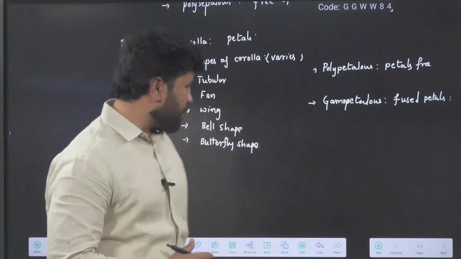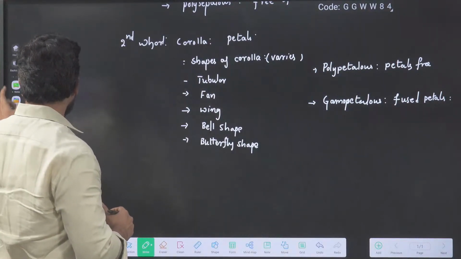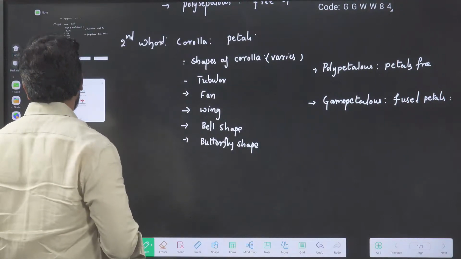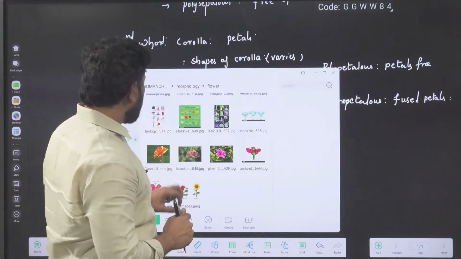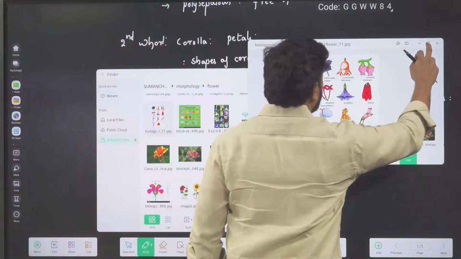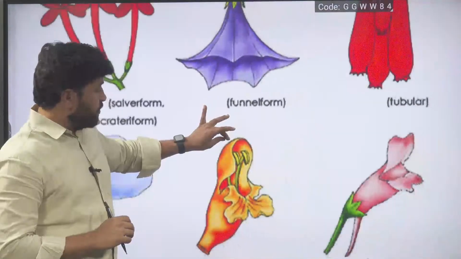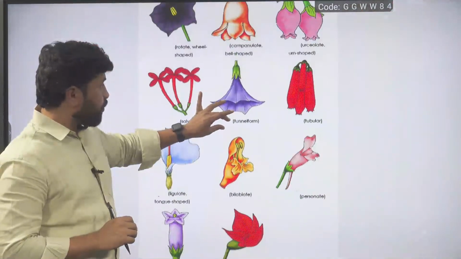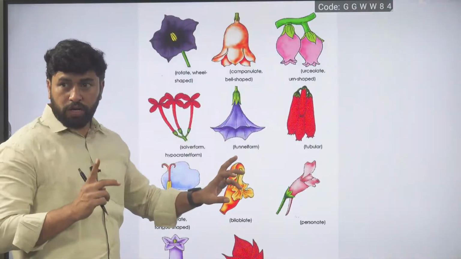Okay? Then come back to the story. Varieties of shapes are there with respect to corolla. Some of the shapes I have collected for us. Look at this. Various shapes of corolla. Again, this is not various shapes of one petal, this is various shapes of corolla.